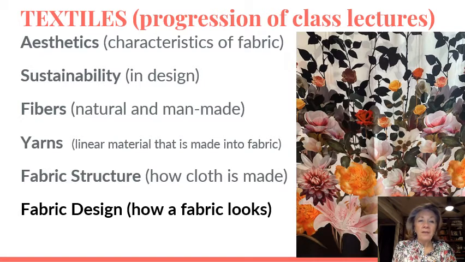And then we moved on to fibers, both natural and man-made. Then we talked about yarn, the linear material that is actually made into fabric. And fabric structure, how cloth is made. And then today is fabric design, how a fabric looks.